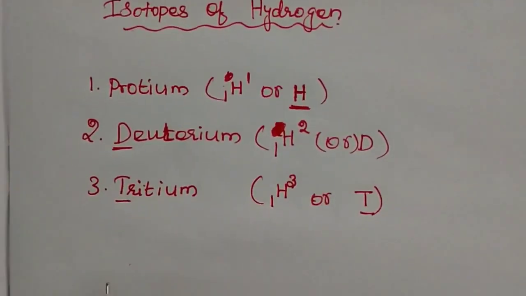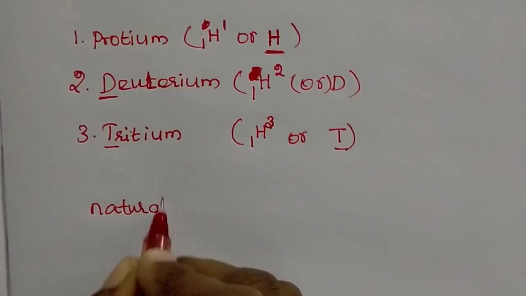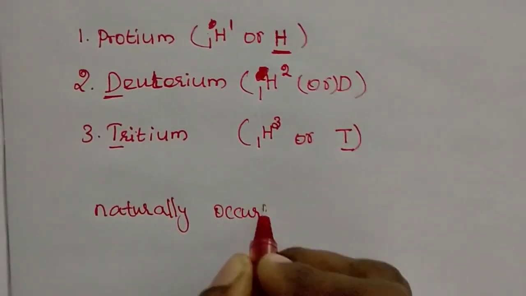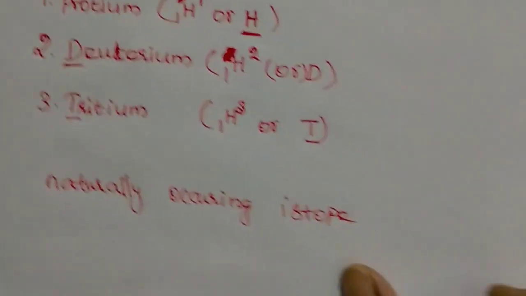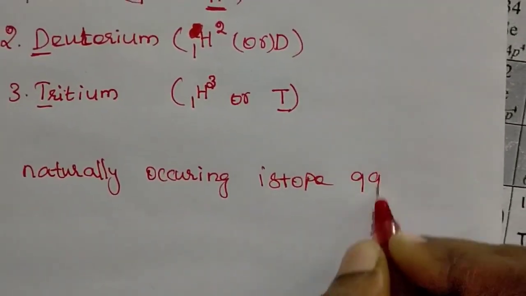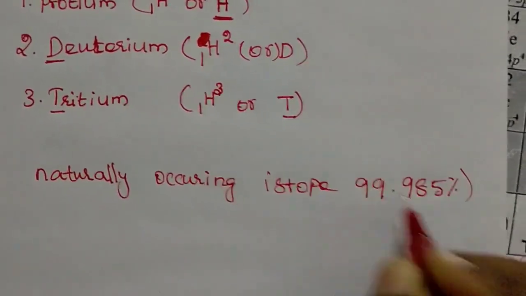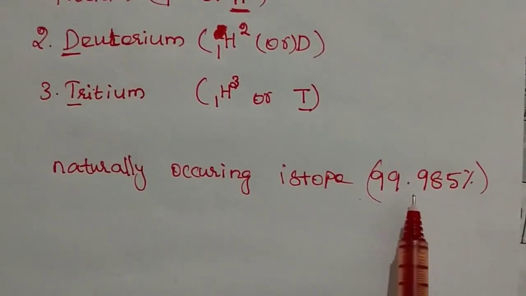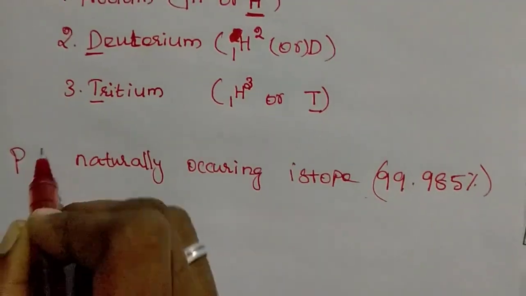The first isotope of hydrogen, protium, is the naturally occurring isotope. On earth, 99.985% of the total amount of hydrogen is protium.